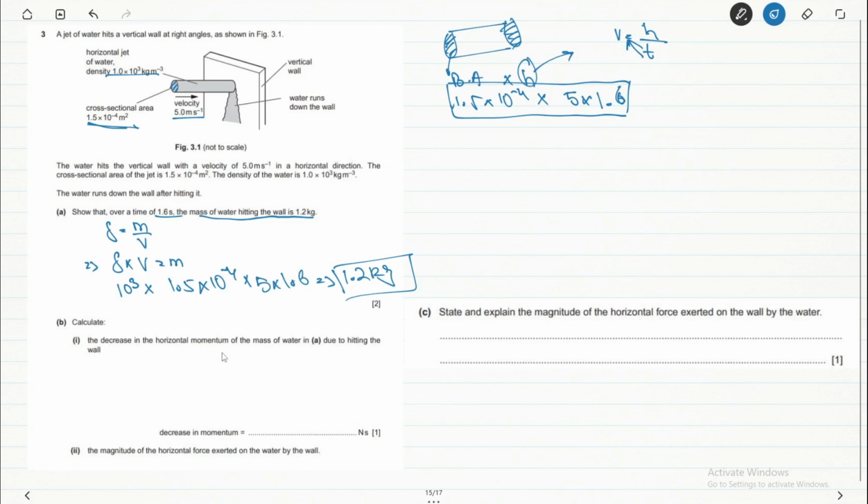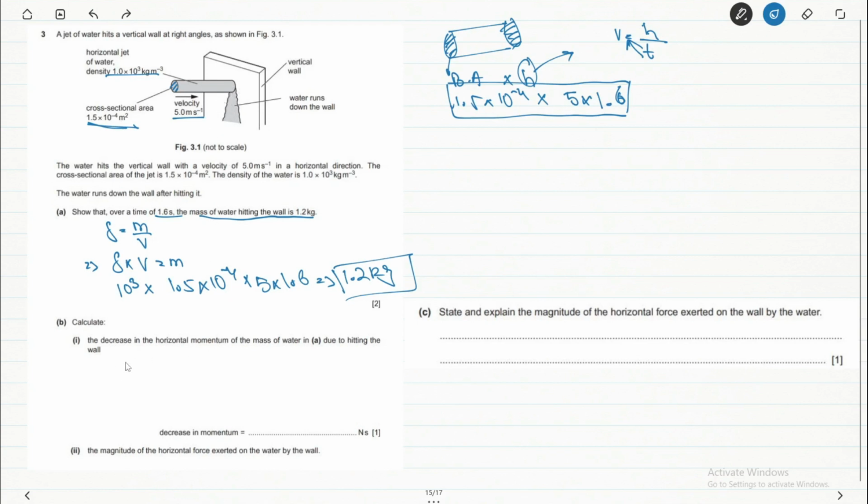Calculate the decrease in the horizontal momentum of the mass of water in A due to hitting the wall. Decrease in horizontal momentum. As I said before, this horizontal velocity of 5 becomes 0 and it runs down the wall, right? So the decrease in momentum is basically: the momentum before is some momentum and the momentum after is 0 in terms of horizontal.